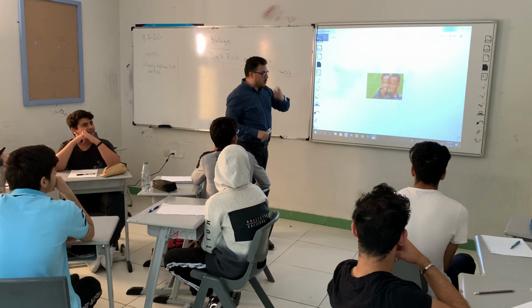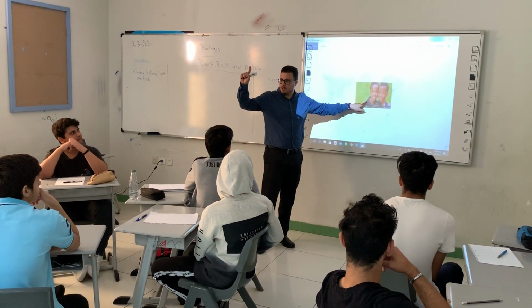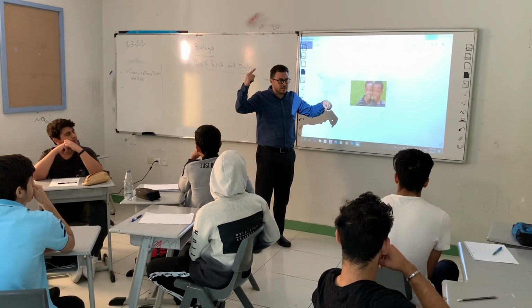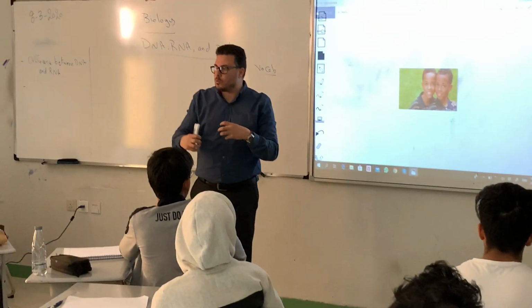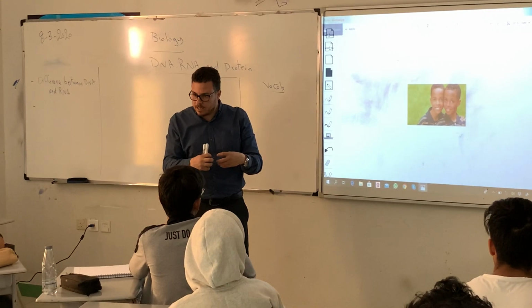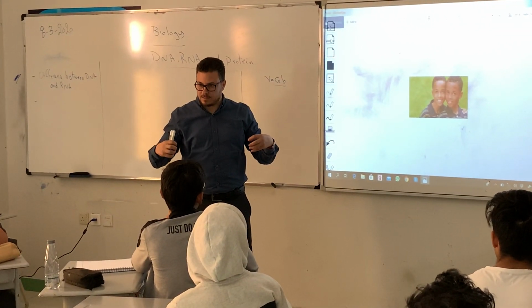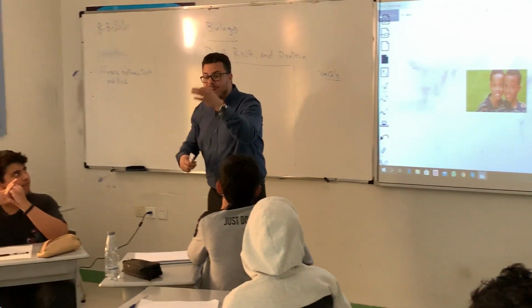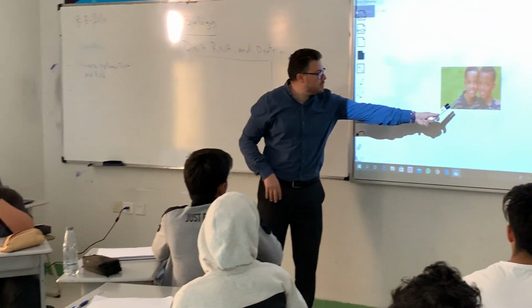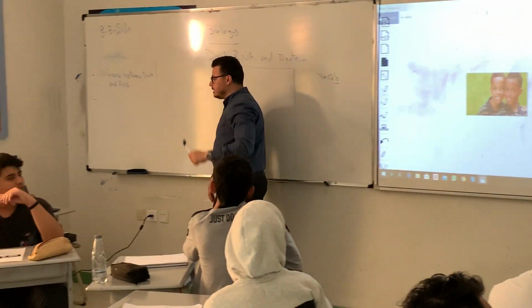So their origin is only one sperm cell fertilizing one egg cell, and later they divided into two eggs. But the internal component inside it, which is the DNA, is the same. That's why they became identical twins.